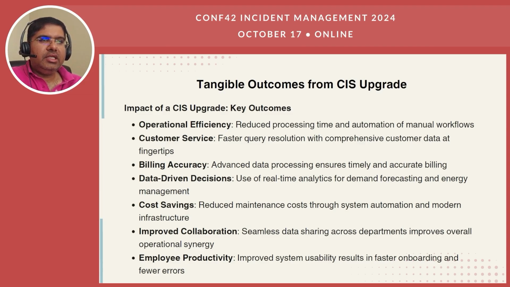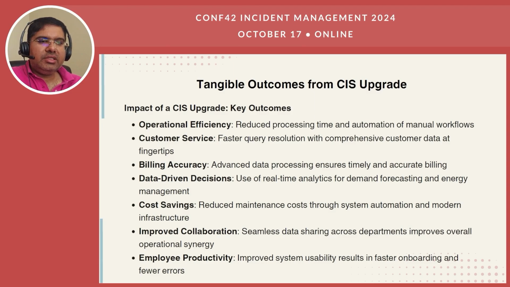Billing accuracy: the number of issues that you get with the billing system, with the cycles that you run every day, are reduced by more than 50 to 60% with the new billing system, obviously because of the availability of data, the accuracy, and the dashboards that we discussed before.